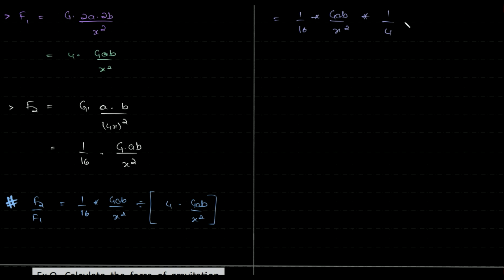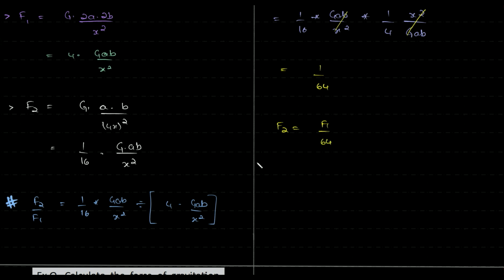We need to invert it. X square by GAB. So what gets cancelled? Pretty much all these terms. And what we are left with is 1 by 64. So F2 is equal to F1 by 64.